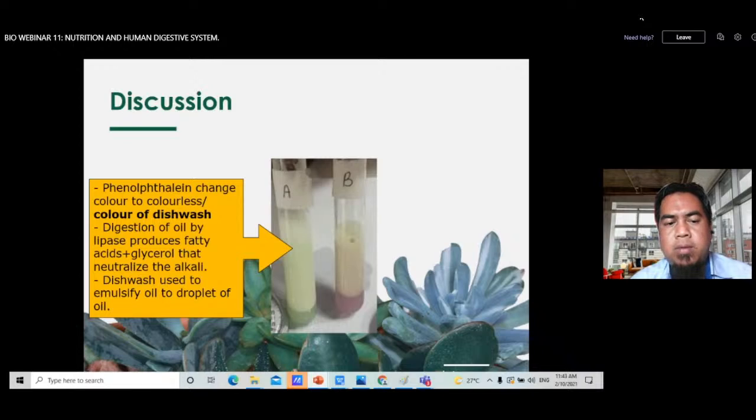For the experiment, our dishwashing liquid is green. So that's why the color does not turn colorless but green, following the original color of the detergent we use.